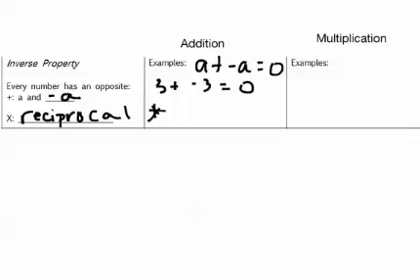Okay, multiplication, the examples would be a times 1 over a, which is the reciprocal, right? Because there's a little understood 1 underneath a. Those are reciprocals or inverses of each other, equals 1.